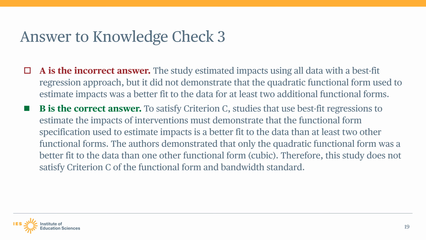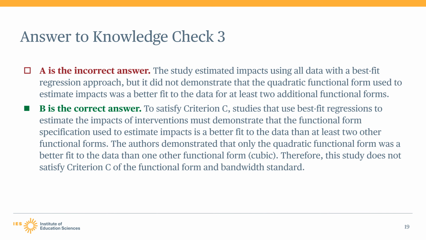In this example, based on the information provided, the authors only demonstrated that the quadratic functional form was a better fit to the data than one other functional form, the cubic functional form. Thus, this study would not satisfy criterion C of the RDD standard 4, also known as the functional form and bandwidth standard.